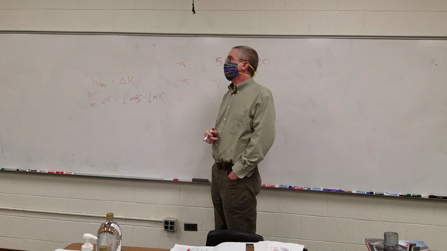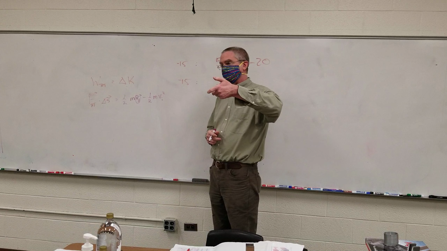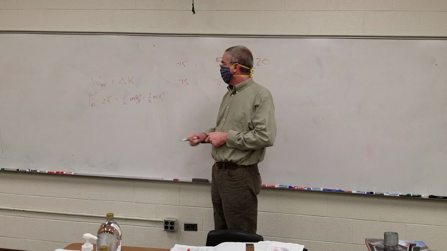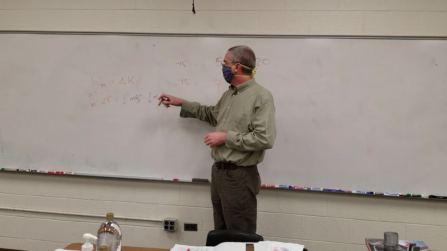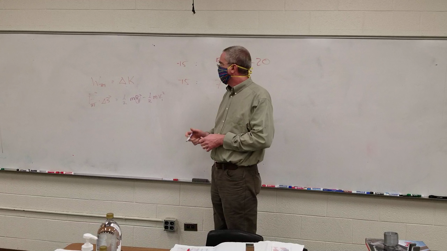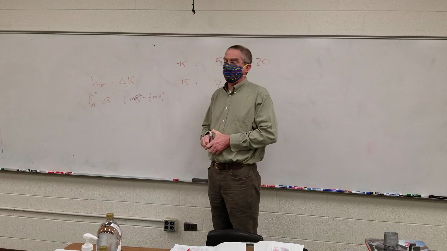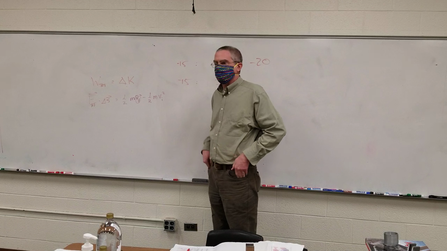I suspect that would work, as long as at the end you brought the j-hat component into it and did the Pythagorean theorem at the end. Gotcha. I think it would still work. But the total force would just be 3 newtons? Yeah, in the i-hat direction. Okay.